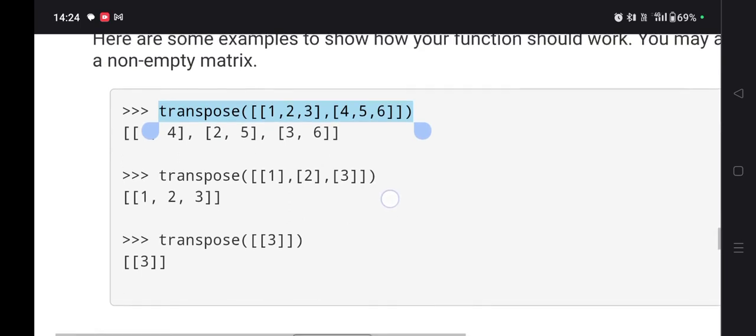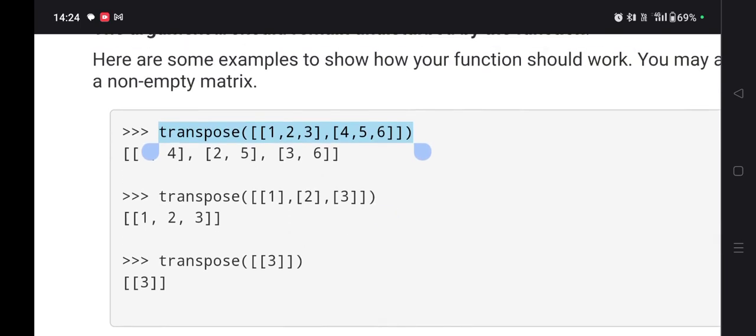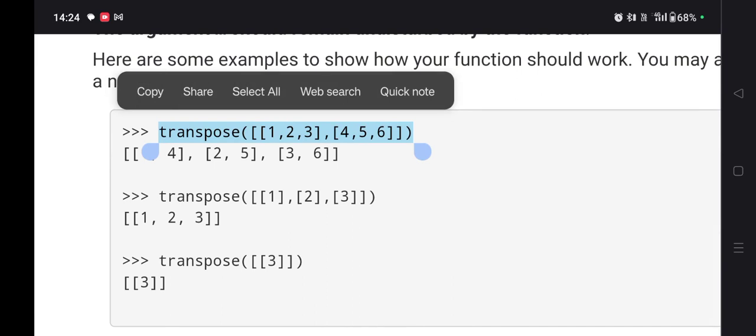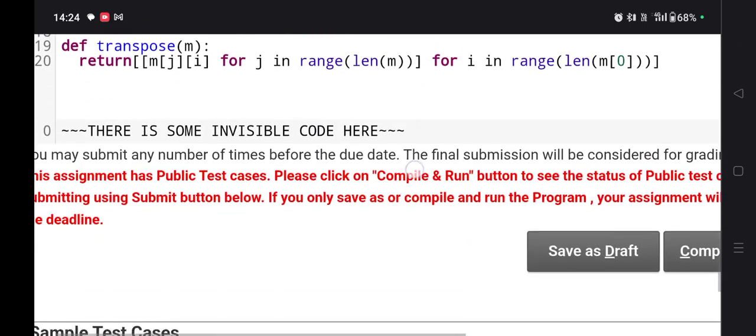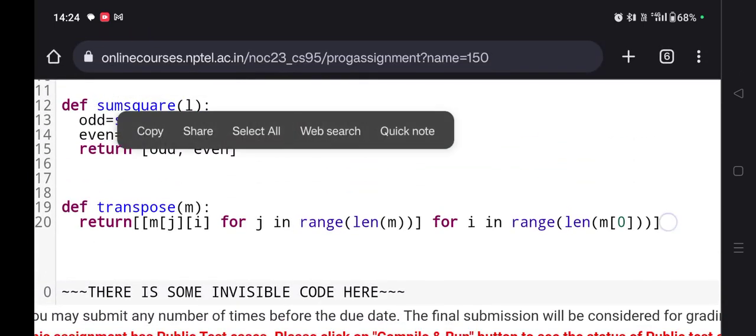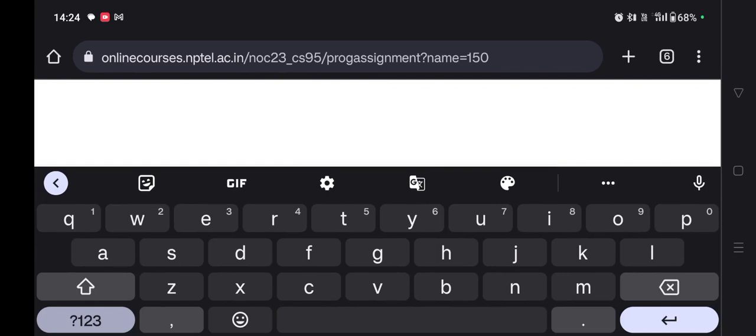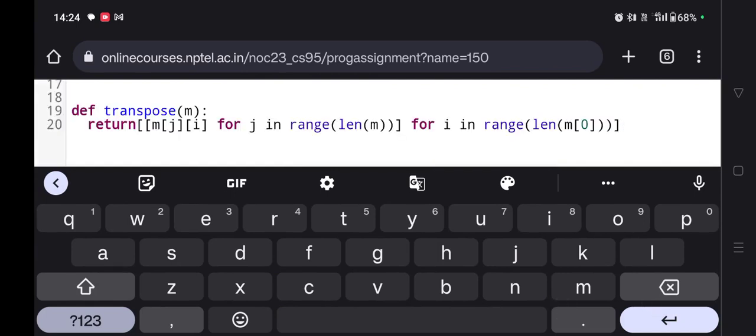That will be the total number of columns in our transpose matrix. The first one is working for the column and the second one is working for the row.